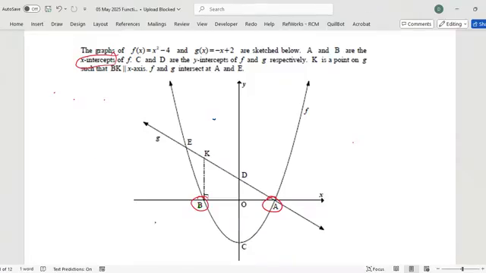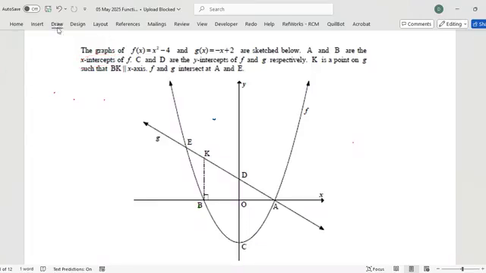You let y be 0. That is how we're going to find the coordinates of A and B, because on the x-axis the value of y is equal to 0.